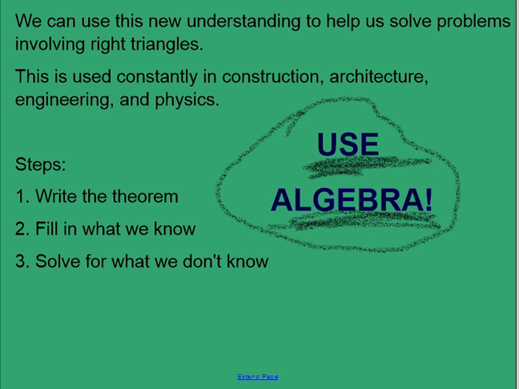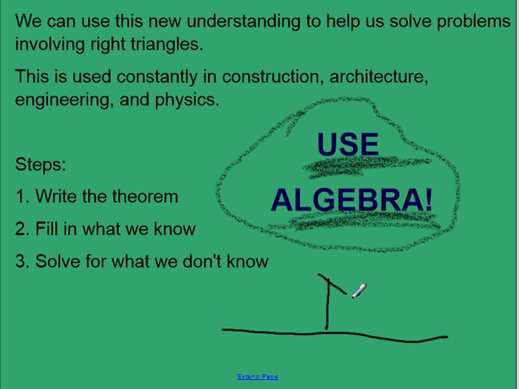Okay, so we can use this understanding of what the Pythagorean theorem is to help us solve problems using right triangles. This is used all the time in careers like construction, architecture, engineering, physics. You'll see some problems where maybe you're measuring because you're building a roof or something, okay?